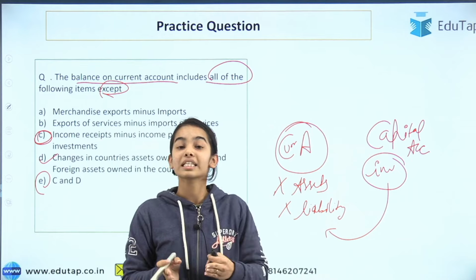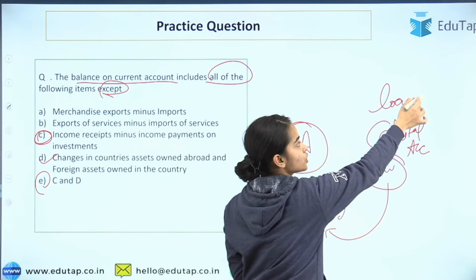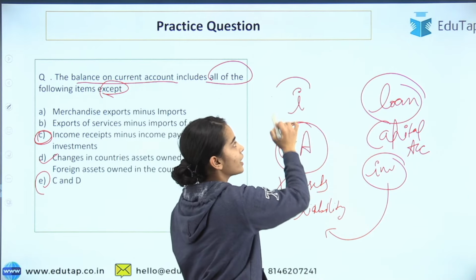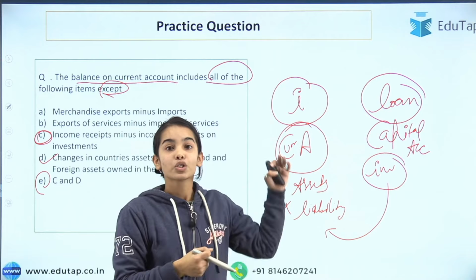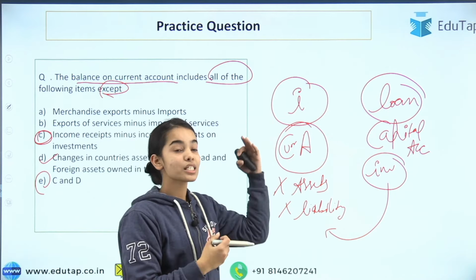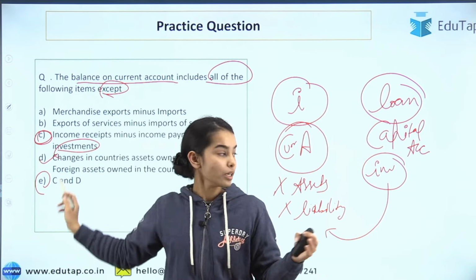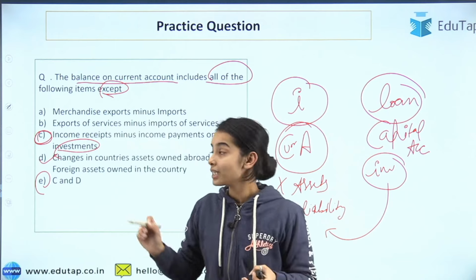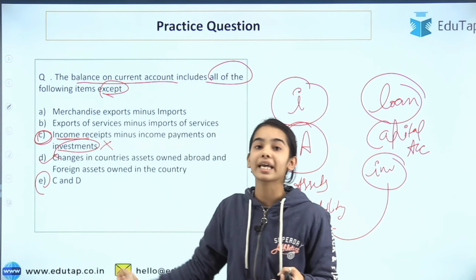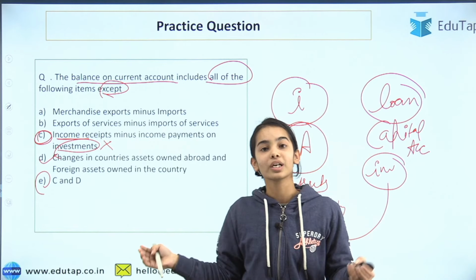As I gave you the example in the previous video, that loan is a liability, so it should come in the capital account, but the interest that we are giving or the interest that we are getting should come in the current account because it is a regular payment, okay, and it is not creating the asset or the liability. Similarly here, investment should go into the capital account, but here we are not talking about the investment, we are talking about the income or the profits we are getting from the investment, so it should go into the current account.